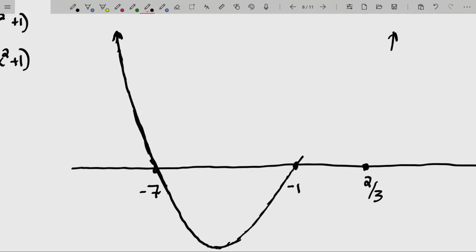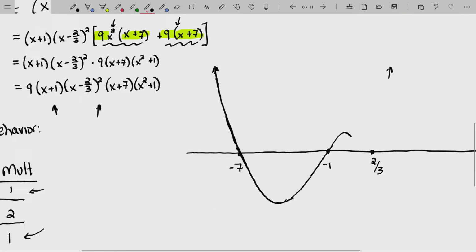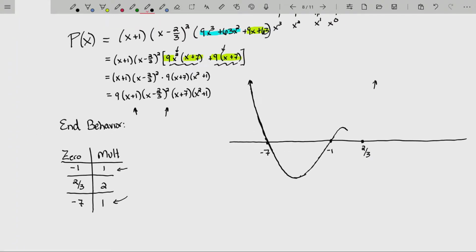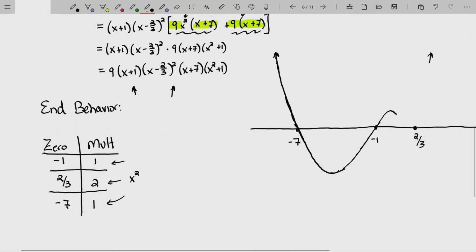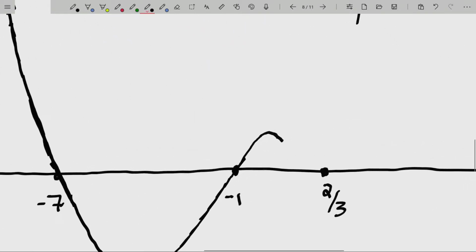I just kind of make that happen. And again, like a little magnet, it's going to be drawn back down to the next x-intercept, which is at 2/3, and that has multiplicity 2, which means it's going to look like an x squared, right? It's going to look like a parabola as it approaches that. So it's going to look something like that.